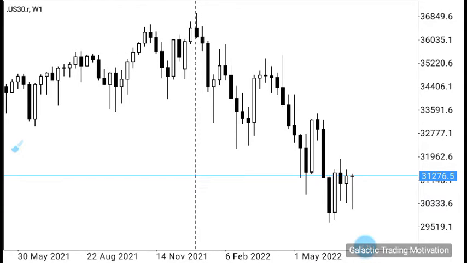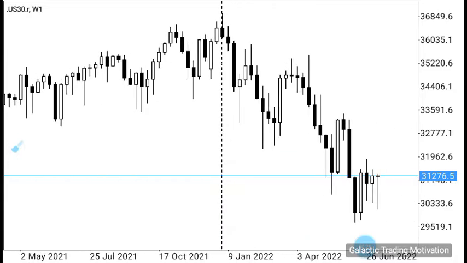Before I get into this chart, I just thought I should mention that the analysis on this particular chart will be very much similar to that of the Nasdaq 100 analysis that I uploaded a few minutes ago. There might be some similarities, and that is because the two indices are very much correlated, and what usually happens on the one happens on the other as well, right?